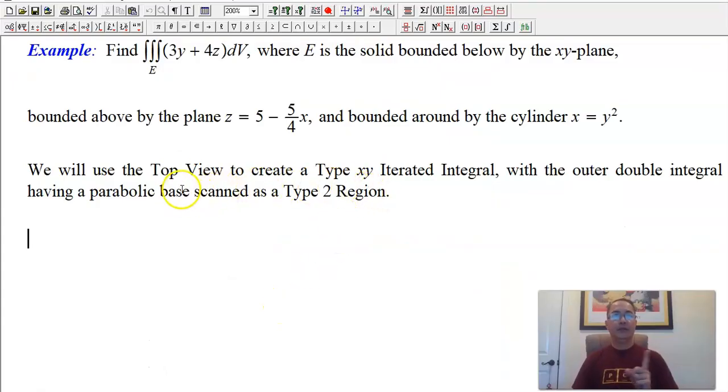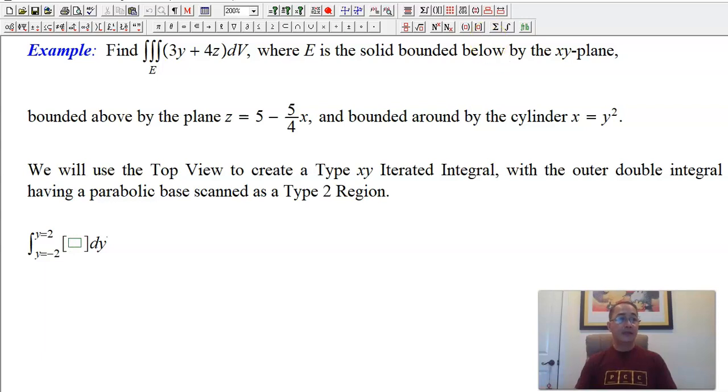All right, so this will be our strategy. We will use the top view and create a type XY iterated integral. The outer double integral we scan as a parabolic base, as a type 2 region. So we set up our integral. y goes from -2 to +2, so dy is on the outside.